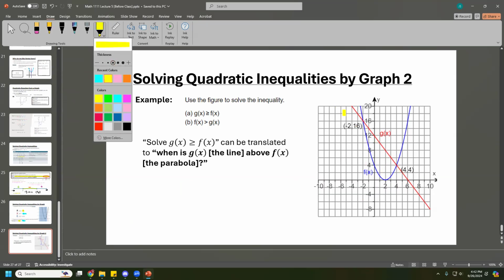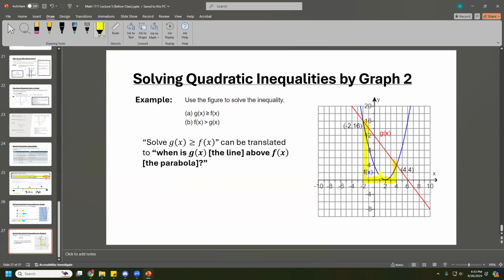Okay, so starting from left to right, I can see that over here, my parabola, which is f, is above my red line, all the way up until right there. At this point, the parabola dips below the red line. So this right here is the region where the red line g is above blue. And that happens right up until this point right here.